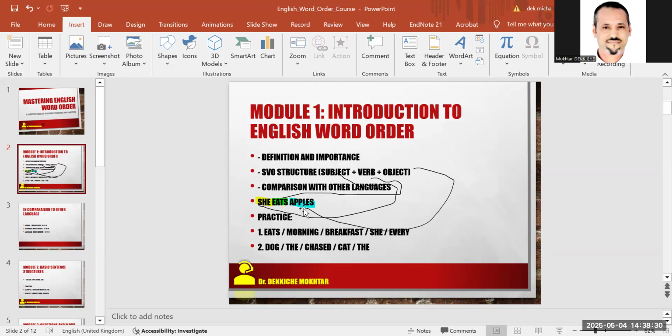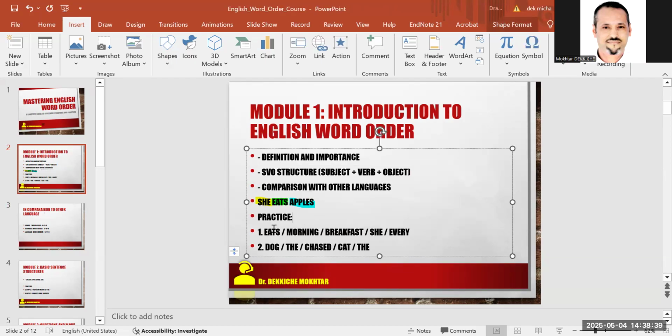Let's practice what we have said. We have here eats, morning, breakfast, she, and every. And in the second sentence, we have dog, the, chased, cat, the.